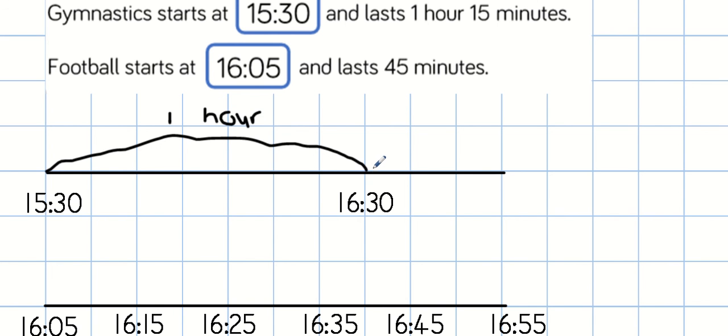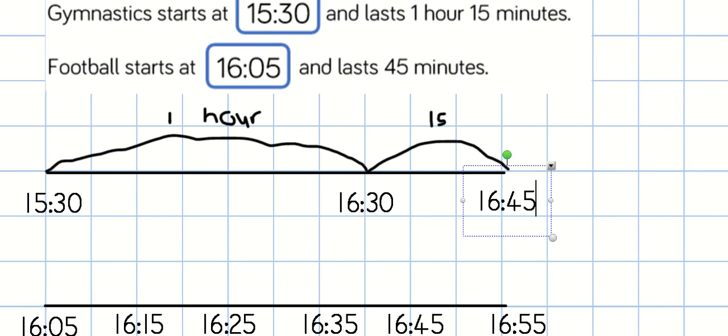The next jump we have to do is 15 minutes. Can we count 15 on from 4:30? So can we count on from the 30 minutes 15 more? If you counted on 15 more minutes, it would be 4:45. So that would be our end time for this one. We'd have 4:45. Let me write that a bit neater.